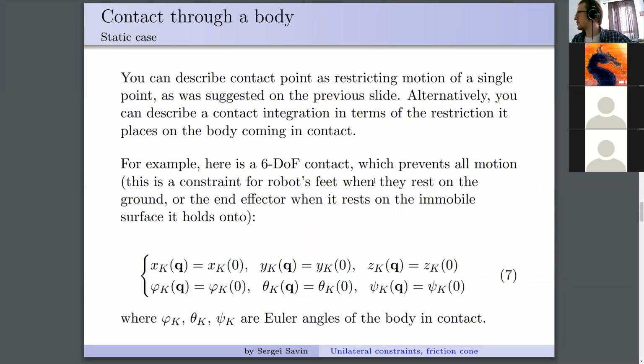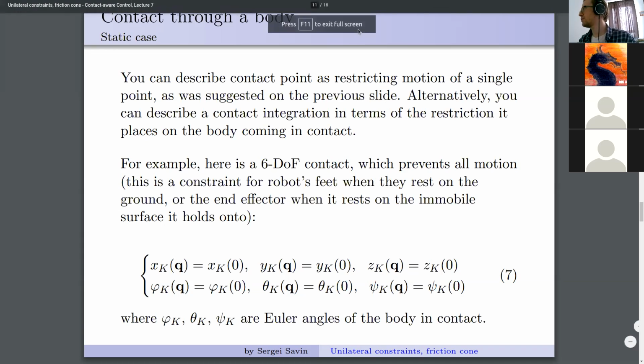But it can. So if you completely place your foot on the ground, that's what you're going to lose, 6 degrees of freedom. If you only contact the ground with the edge of your foot, you can still rotate your foot, for example, right? Or if your ground is slippery, your foot can still slide.